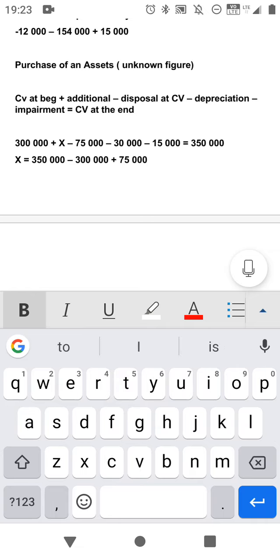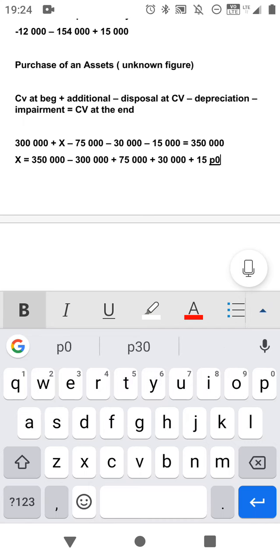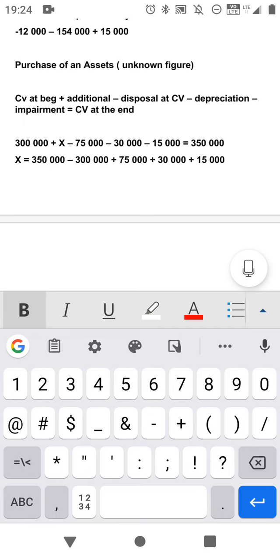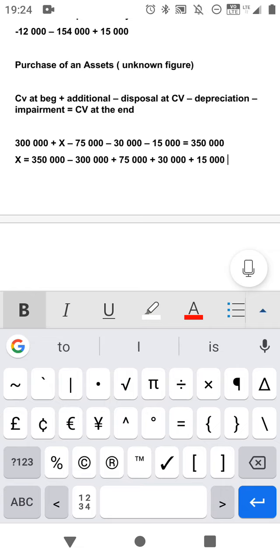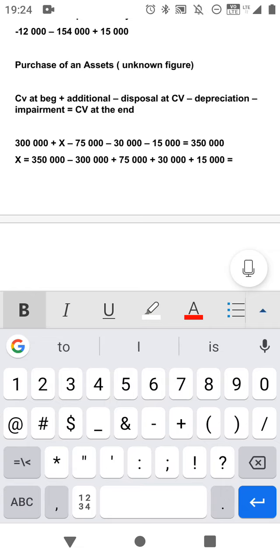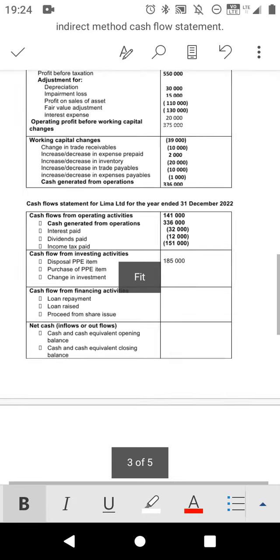75,000, minus 30,000, we have to add 30,000 plus 15,000. You need to calculate this one, then you will get 170,000, which means this 170,000 is the additional purchase that we made of PPE item.